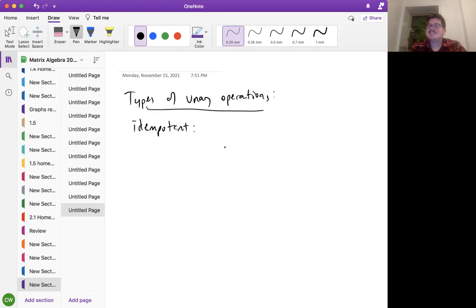We should know what this means. A squared is equal to A, right? So in other words, it's like f of f of x is equal to f of x, right? So if you do a composition, you get f of x back.